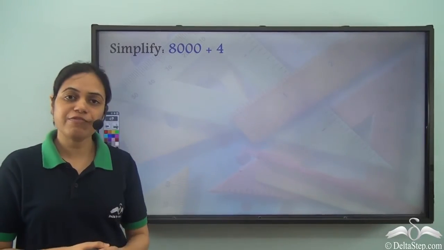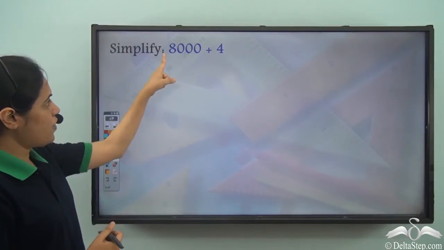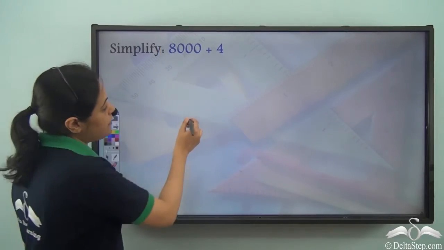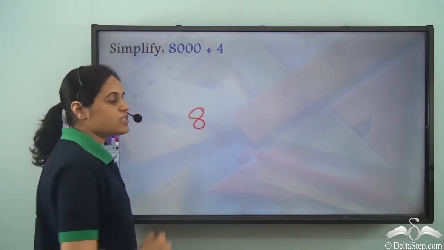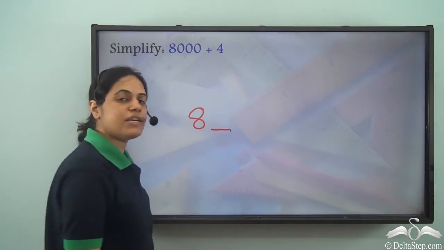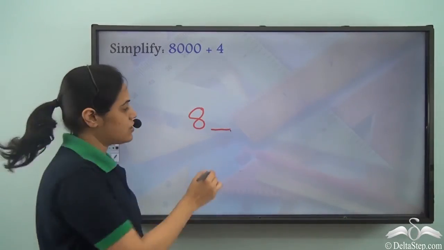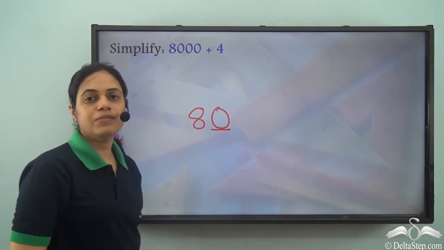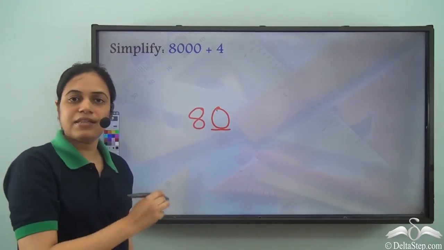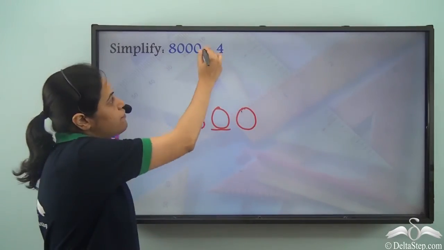What about the simplified form of this number? So now 8000 means 8 is there in the thousands place. Now after thousands there is a hundreds place which I leave blank because there are no hundreds. So I can write a 0 here. Then I check for tens. There are no tens. So I write a 0 here and 4.